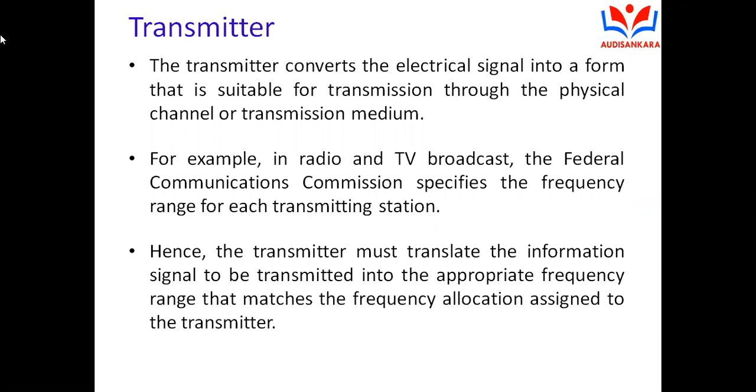For radio systems and TV broadcasting systems, the FCC specifies the frequency range for each transmitting station. Beyond that frequency range, there is no possibility to communicate information using a particular transmitter, based upon the arrangement of the frequency range.